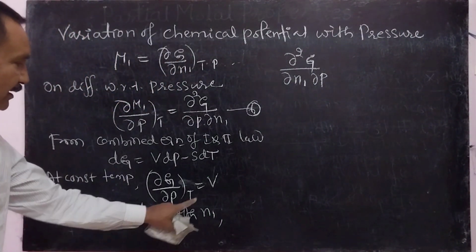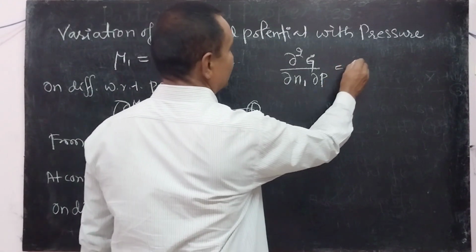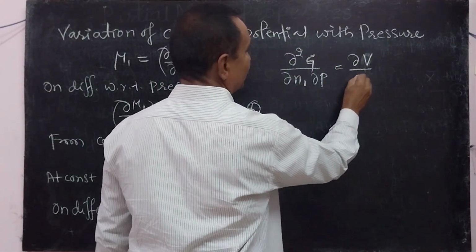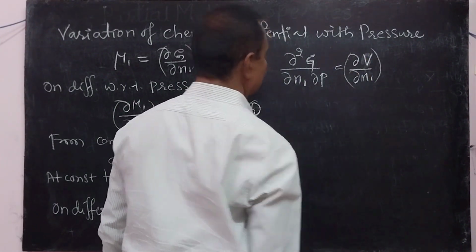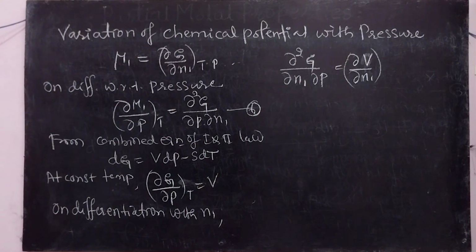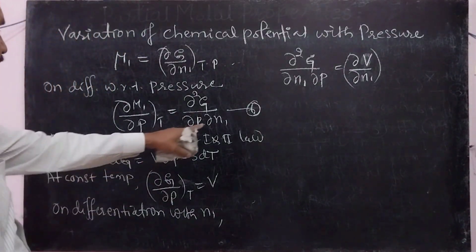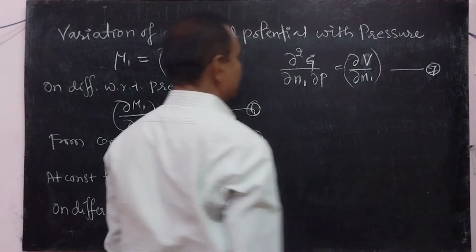Okay, then differentiate this also with respect to N, that is nothing but dou V divided by dou N1. This is equation 6 and this is equation 7.